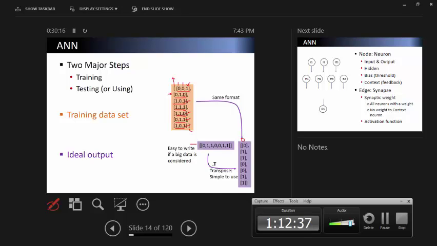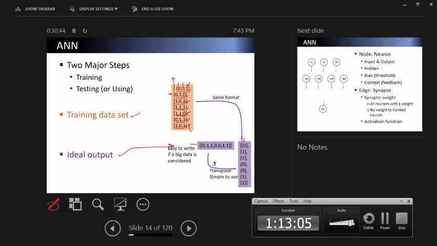This is the detailed technique. This is the input data, the training data set. This is the ideal output. I give the ideal output, okay? And to see if after multiple iterations of the computation, that value gets close to that ideal case.